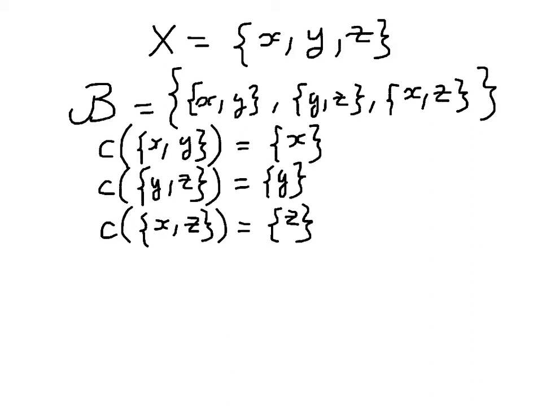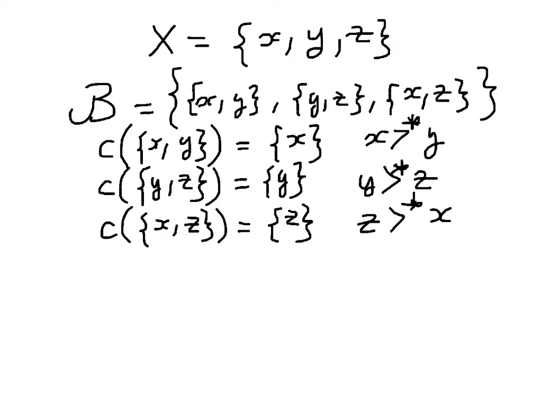We have x is revealed preferred to y, y is revealed preferred to z, and z is revealed preferred to x. So we have intransitive behavior, right? We have a cycle. We have x preferred to y, preferred to z, preferred to x. And yet, we can satisfy ourselves that WARP is not violated.